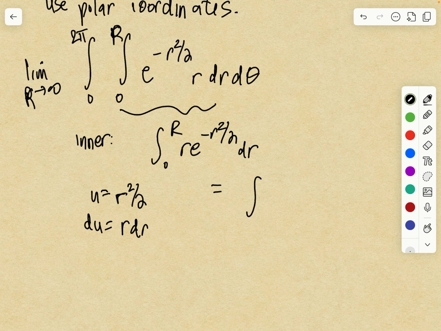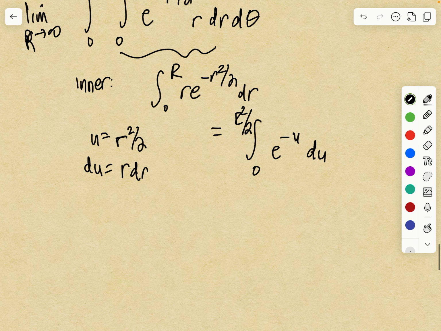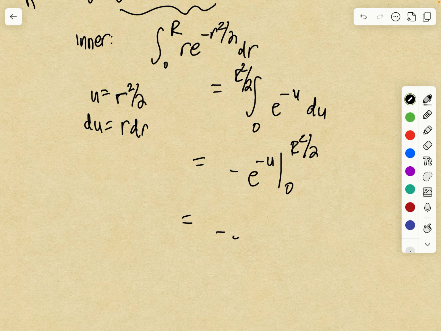So this is going to be the integral from 0 to capital R squared over 2 of e to the minus u du. So this is going to be negative e to the minus u from 0 to R squared over 2. And then this is going to be negative e to the negative R squared over 2 minus negative e to the 0, so plus 1.